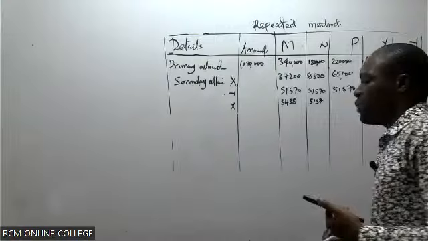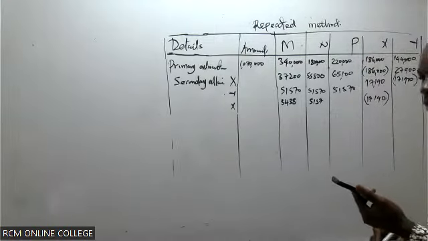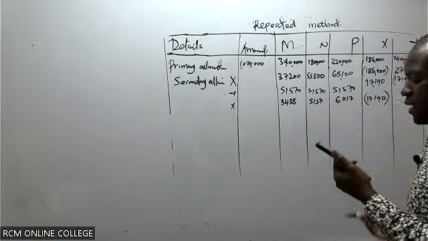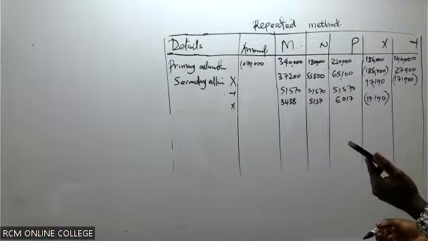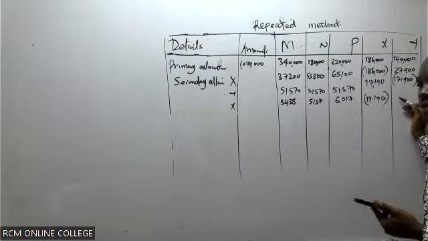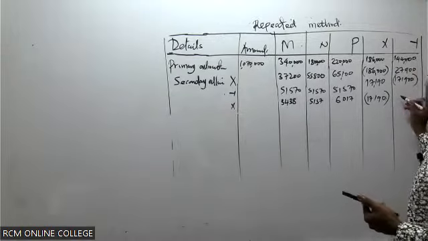How about this part P? 35% of that itakuwa ngapi? 60,17. Then finally, Y will be receiving another 15% of this. Itakuwa ngapi hapa? 25.